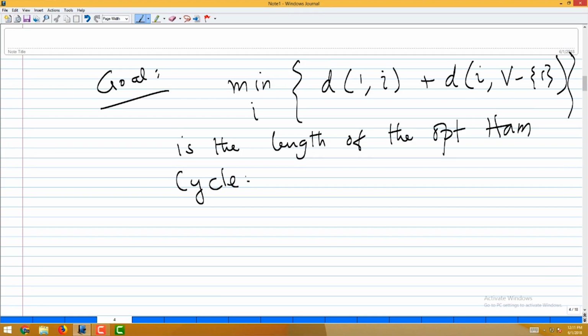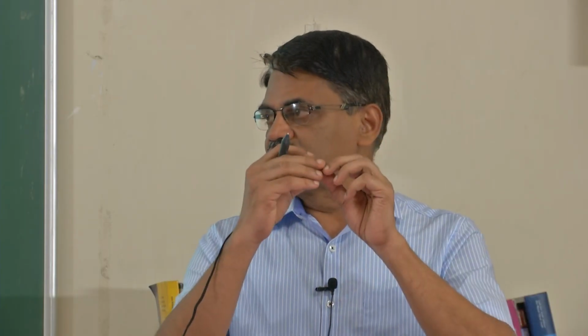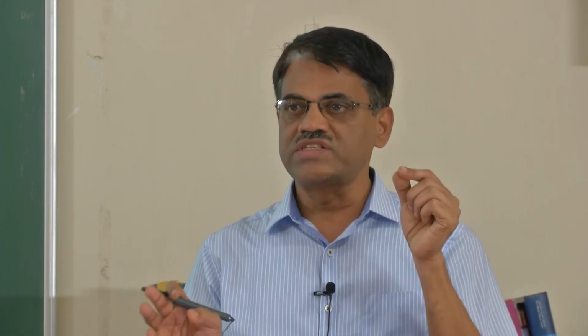Let us see how much time it takes. Typically in dynamic programming based algorithms, the first thing to see is what sub problems I want to compute, and that is determined by the structure of the optimum solution. We looked at the optimum solution, truncated it at some point, and said that the remainder is actually the shortest path from that vertex to 1 visiting some subset.